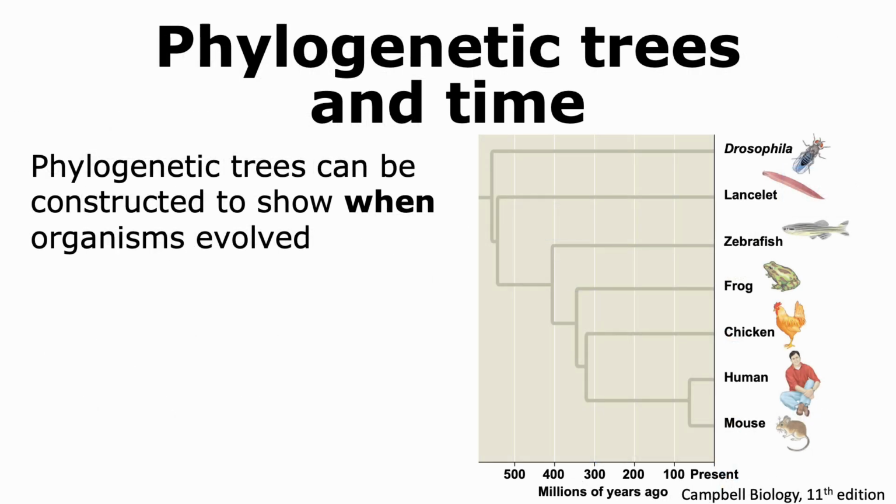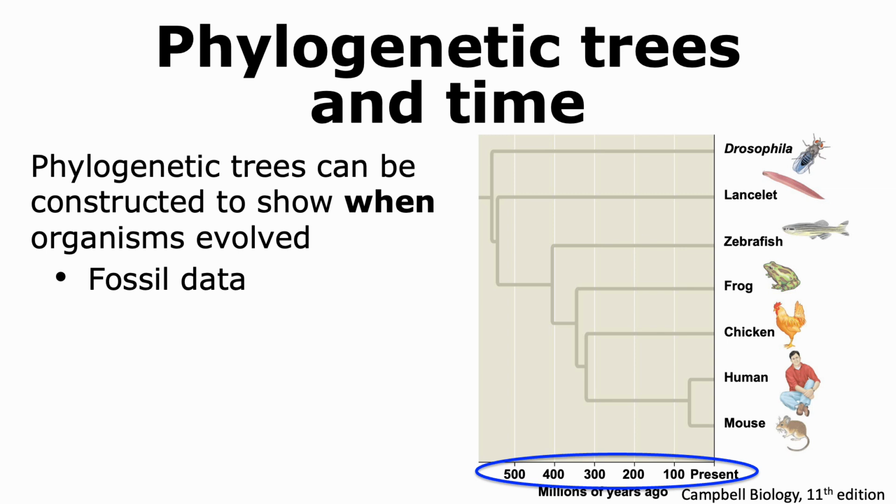Phylogenetic trees can be constructed to not only show the different evolutionary relationships among organisms, but they can also depict when the organisms evolved. In such situations, the timeline when the ancestors or the organisms themselves evolved is provided on one of the axes. In this case, it is provided on the x-axis. To find out when organisms evolved, different approaches can be used.